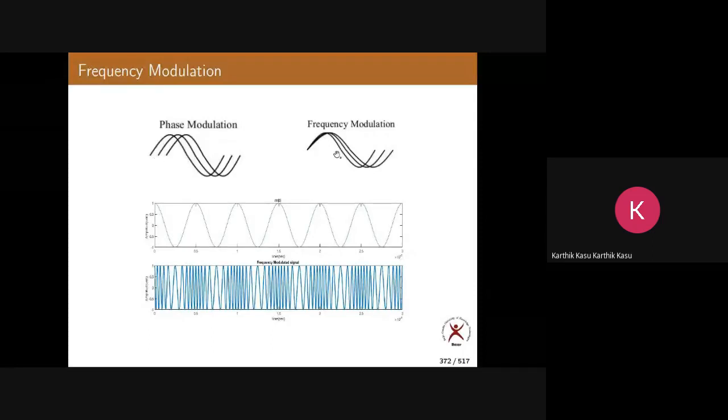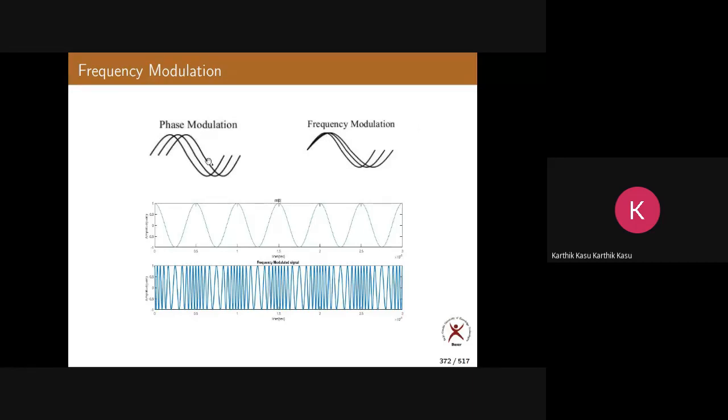Now you can observe very clearly. So here in the phase modulation, what happens is, these carriers start at different times. The starting time is different, as well as the ending time is also different, which means they start at different times, end at different times. Whereas in the frequency modulation, not only frequency modulation, I can say frequency variations.